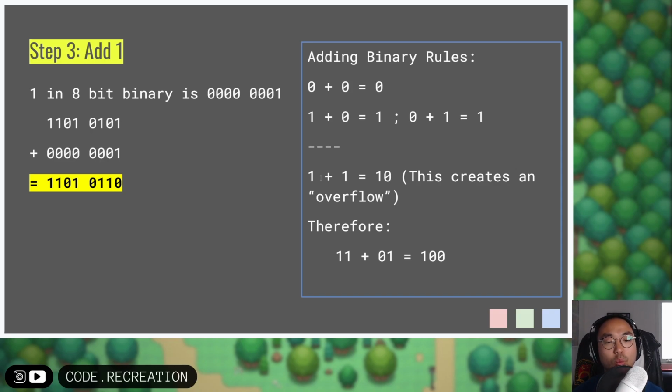However, if you add a 1 and a 1 together, oh, this creates an overflow. Well, that's because if you take 1 and 1, it creates binary of 2, where we can't represent 2 with a single bit. Therefore, we need extra bits, and anytime this happens, we are creating something called an overflow.